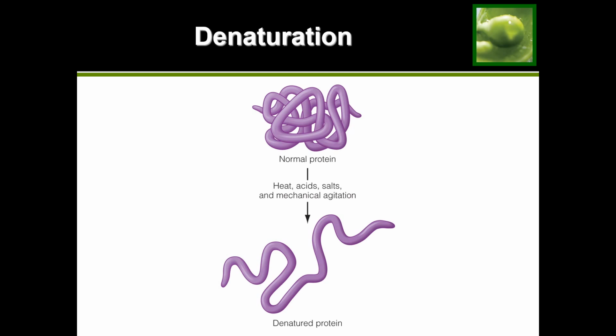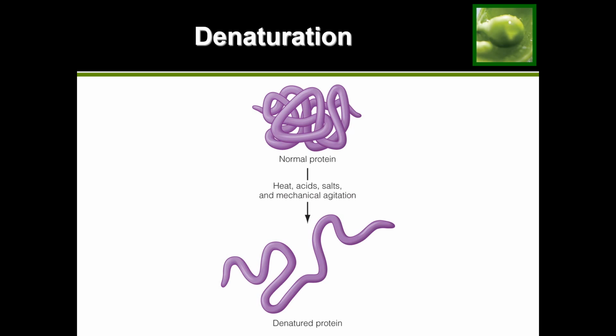Now remember that proteins can't be denatured until we reach the stomach, and the reason for this is because we need either heat or acid for denaturation to occur. Up until the stomach, we didn't have that. The stomach contains hydrochloric acid, HCl, and because of that, we can go ahead and denature the protein using the acid in the stomach, and that allows the protein to become untangled and accessible for the enzymes.